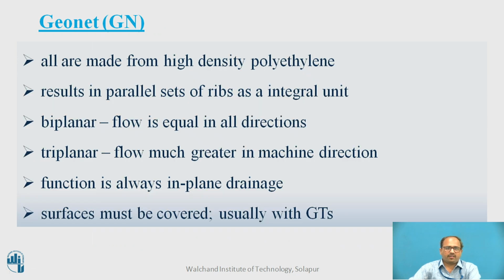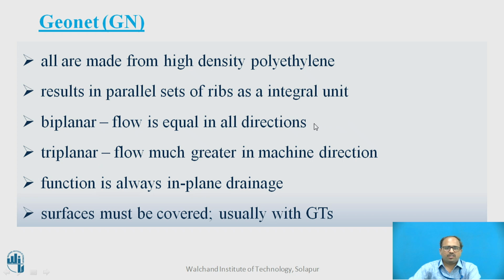Third one, geonet. Geonets are made from high density polyethylene, resulting in a parallel set of ribs as an integral unit. Again, geonet we are classifying into two types, biplanar and triplanar. Basically the main function of geonet is drainage.